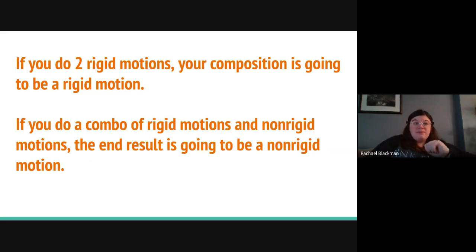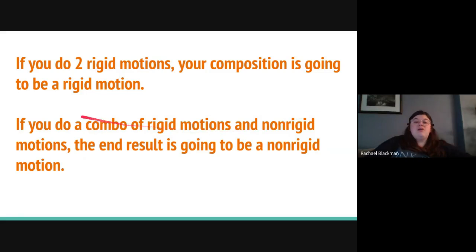One thing I want you to keep in mind when we do these compositions of transformations: if you do 2 rigid motions, your composition is still going to be considered a rigid motion. So if you do a translation and a reflection, your figure moved around, but hopefully it didn't change size or shape.